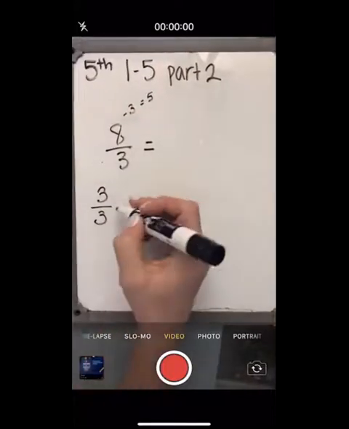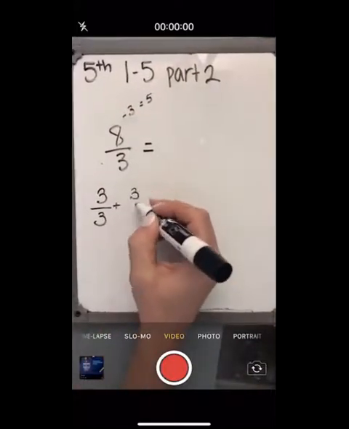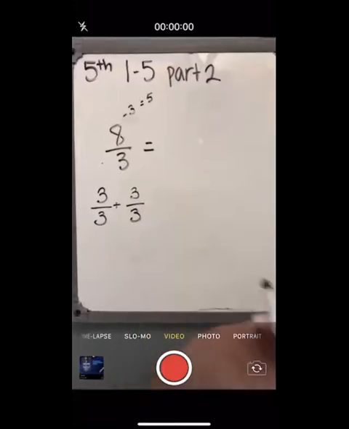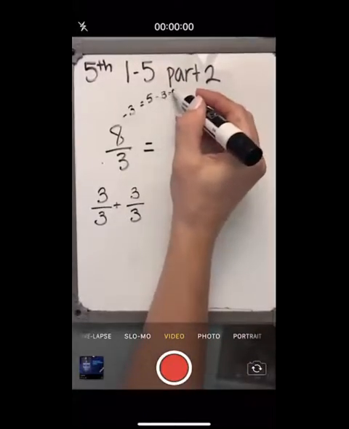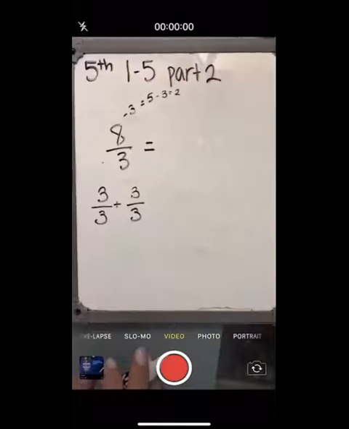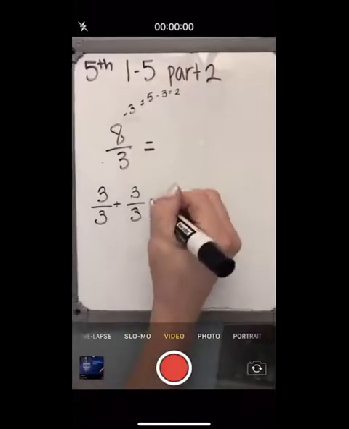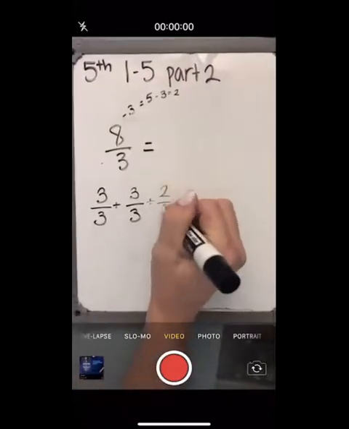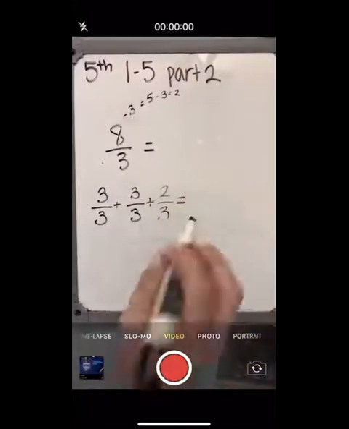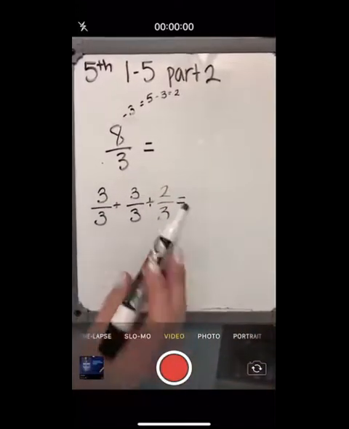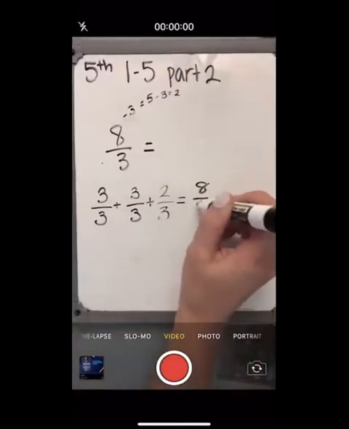Yeah, I can pull out another whole. Okay, I took away another 3 up here. Ooh, now I'm down to 2/3. Well, I can't pull out another whole, so I'll write it down here. Plus 2/3. Now let's double check and make sure. 3 plus 3 is 6, plus 2 more is 8/3.